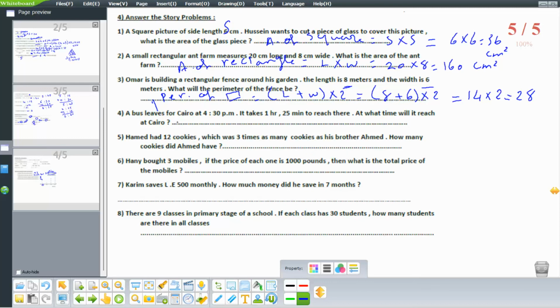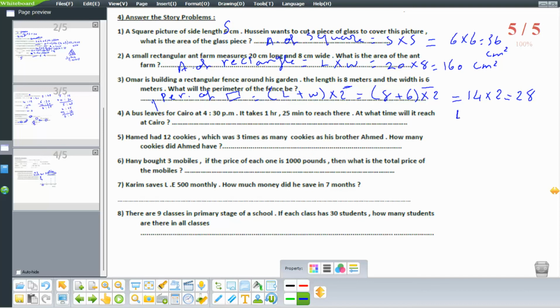A bus leaves for Cairo at 4:30 p.m. It takes 1 hour and 25 minutes to reach there. At what time will it reach Cairo?